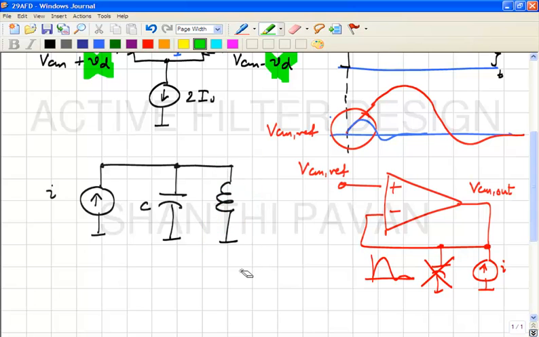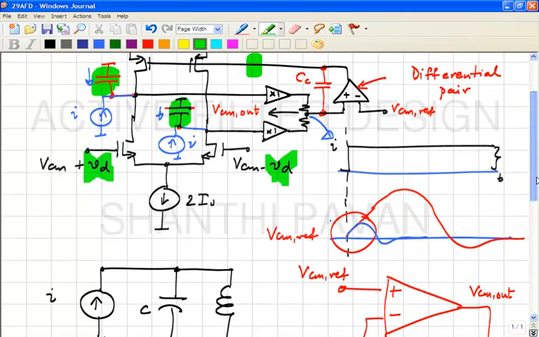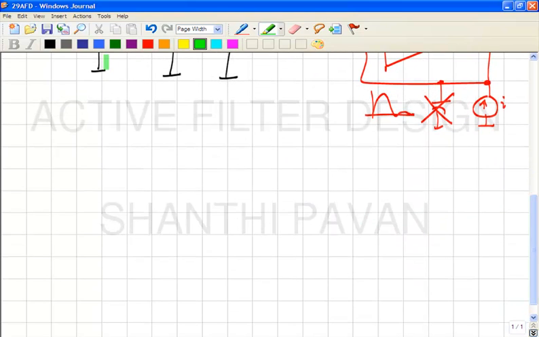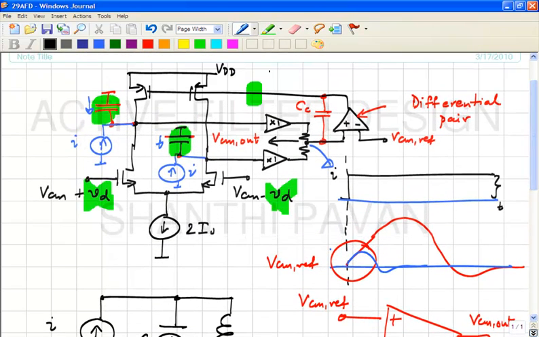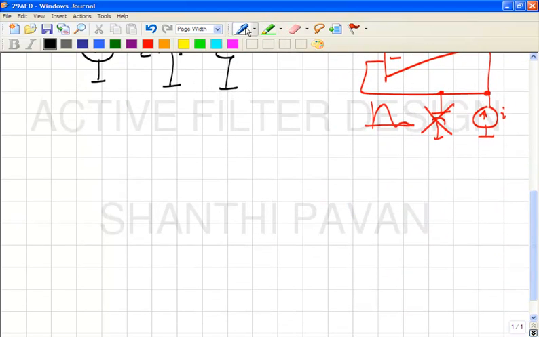Now why am I discussing all this? It turns out that this is indeed a problem, as I'll show you. So as far as common mode signals are concerned, the equivalent of the fully differential circuit, in other words, if I am interested in only common mode signals, something like this, then if I relate a change in the input common mode, as far as common mode signals are concerned, how does this look?